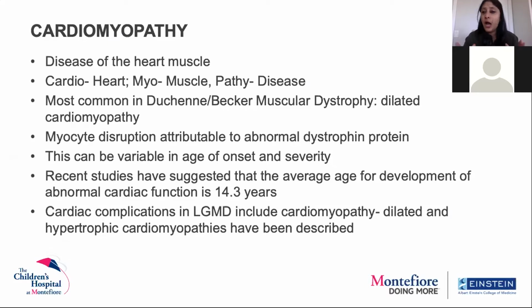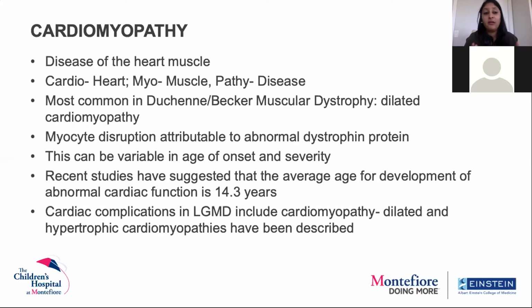Most commonly in patients with Duchenne or Becker muscular dystrophy, we see something called dilated cardiomyopathy, where the heart becomes big and dilated. We do see some abnormal dystrophin protein in these patients, and the heart muscle tissue becomes very disrupted, and that results in the dilated cardiomyopathy.